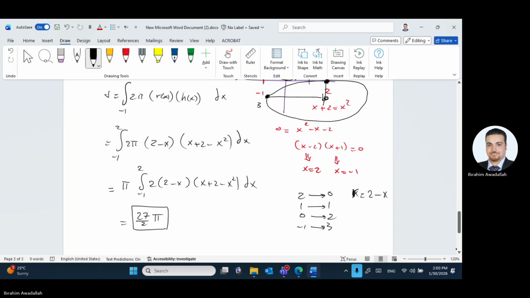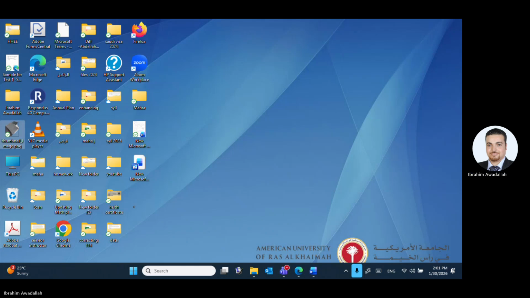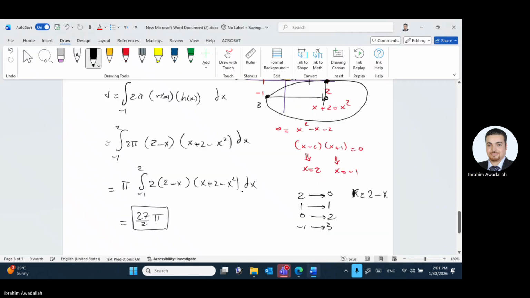Integration, and down we have -1, up we have 2, here 2 open brackets, 2 minus x, close the brackets, open another brackets, x plus 2 minus x squared, close the brackets, equal 27/2, and the pi outside. So the answer is correct.